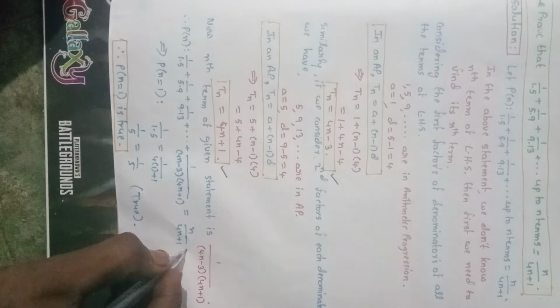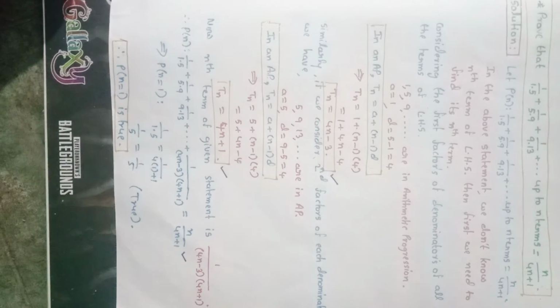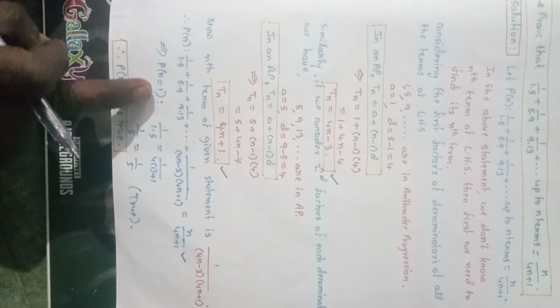Now after getting the nth term of this statement, we are going to use the principle of mathematical induction. Already we discussed about it. Now we will verify the truthfulness of this statement. Is it true for the value of n equal to 1 or not?